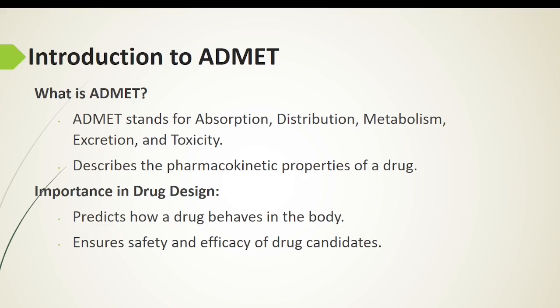So in that case we do in silico pharmacokinetics, or you can also do in vivo pharmacokinetics as well. Here we analyze different properties of the drug, or you can say of the ligand molecules. In the preliminary phase, we analyze the drug likeness of the ligand molecule.